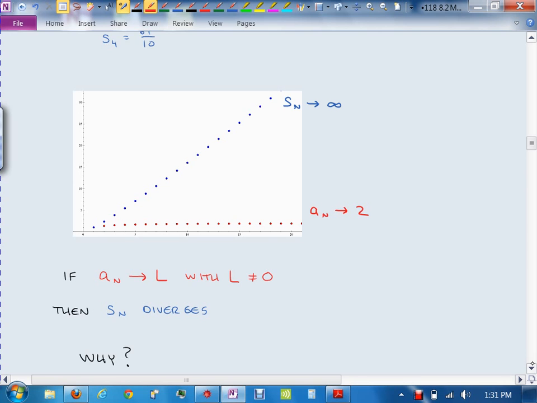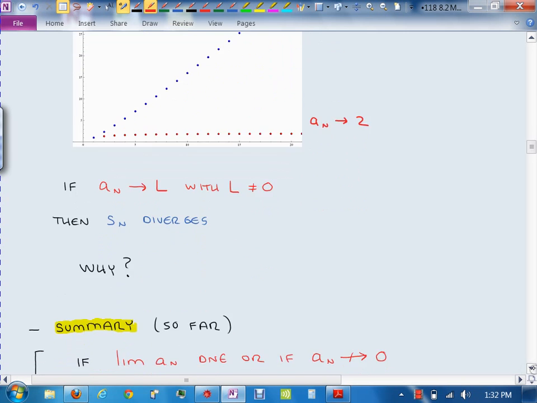As long as this limit is a number bigger than 0 or less than 0, then if I keep stacking them, my series is going to diverge. The only way that I can ever get my series to converge is if the sequence is going to 0. Well, if it converges, the sequence has to go to 0. That's what we can say.